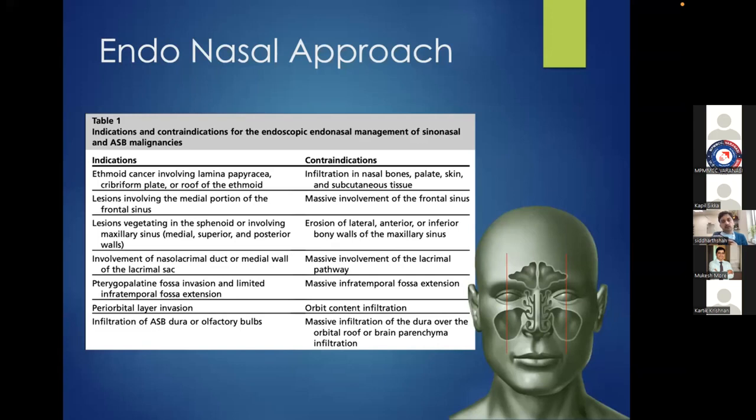If it is going beyond the cribriform plate, the possibility of converting to open is higher. The dural repair becomes difficult if it is going more posteriorly beyond the cribriform area. So endoscopic CFR is feasible if there is an anterior dural involvement.